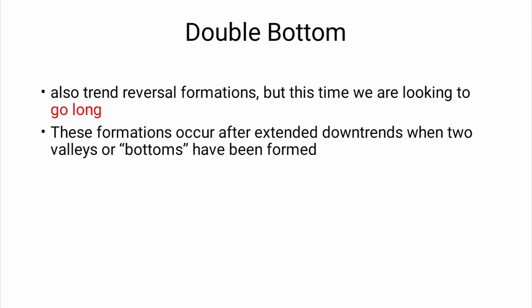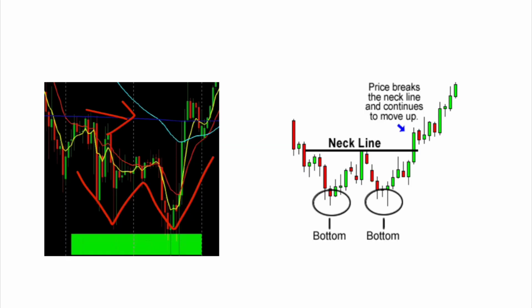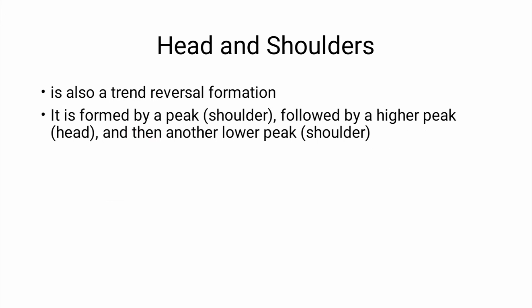The same explanation applies, only that this is an inverted M, so it's a W. It occurs when price has been going down for a while. These formations occur after extended downtrends when two bottoms have been formed. So this is what a W formation will look like.